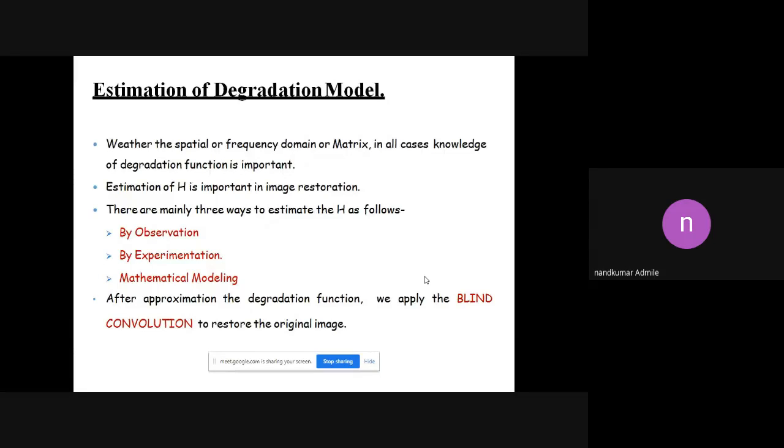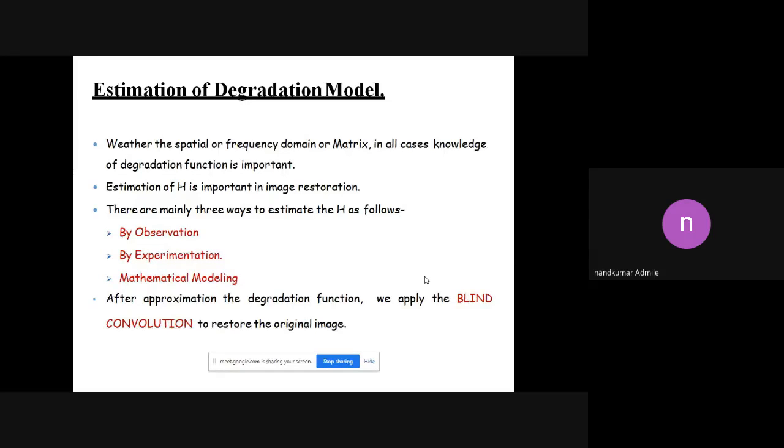In image enhancement, we study how to improve the quality of an image, along with how to remove the noise present in the image. By using filters we can remove the noise. Similarly, in image restoration we use two types of filters.